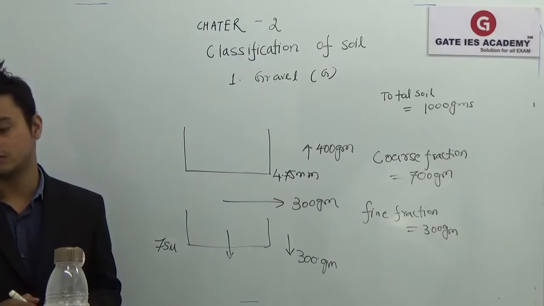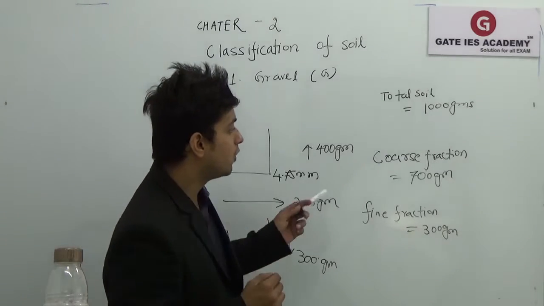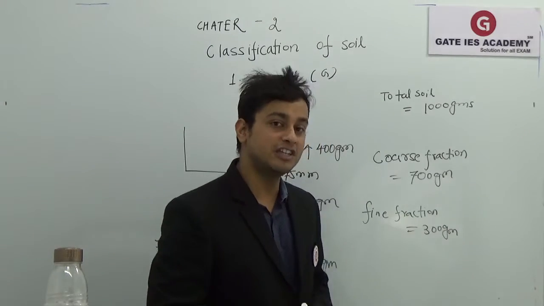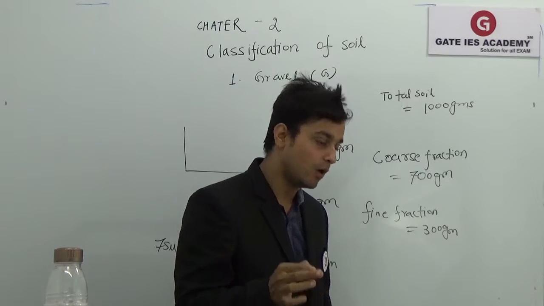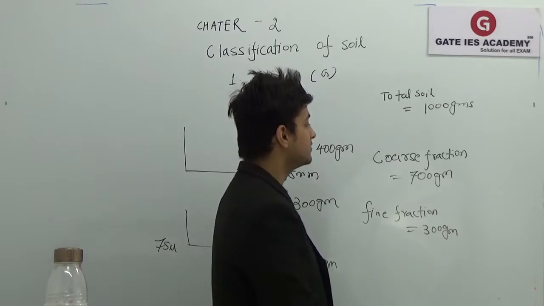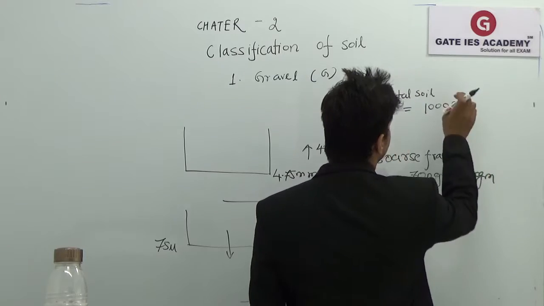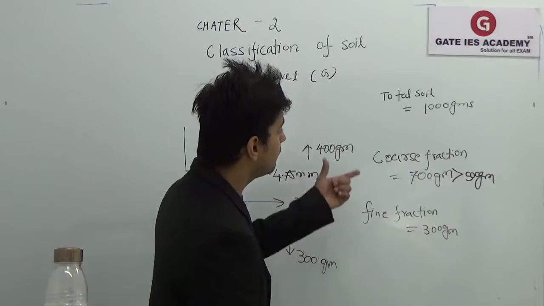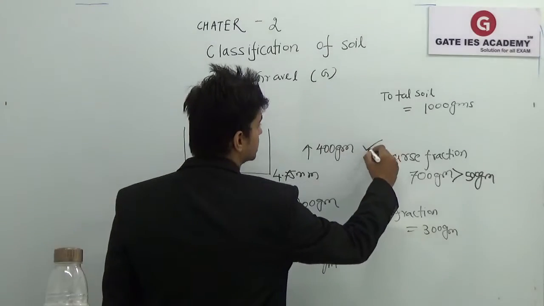Now, coarse fraction is 700 grams, which is actually more than 50% of the whole soil, because this is greater than 500 grams, which is 50% of 1000 grams. So obviously this soil is coarse grained soil.